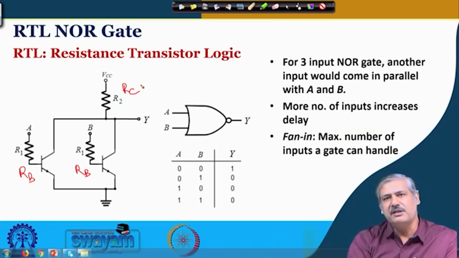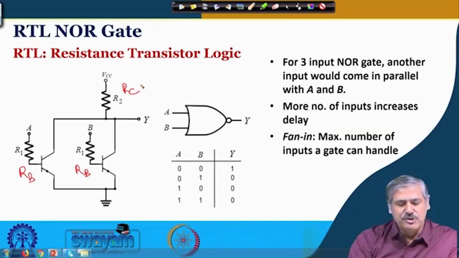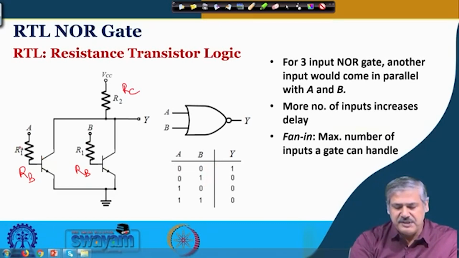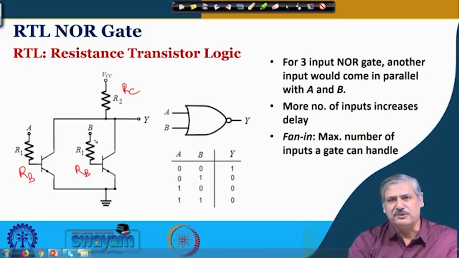Now, how does this circuit work in terms of logic value? So, take any one of them low, and the other one say low or high. If this is low and the other one is also low, okay, none of these transistors conducts, none of them is on.